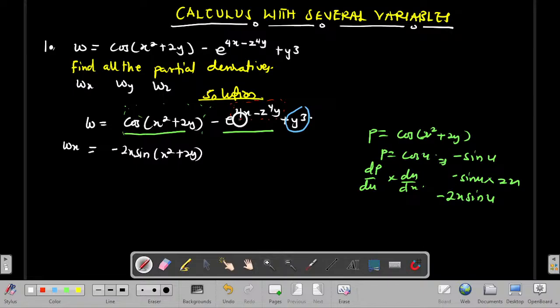For any exponential function, simply use the same substitution, right? So here you have e to the power 4x minus 4y. Now I have to make my power the subject u equals 4x minus 4y. I want to find the derivative of this with respect to x. With respect to x, I'm going to get 4. So du/dx is 4.